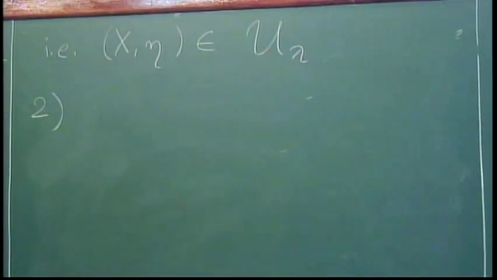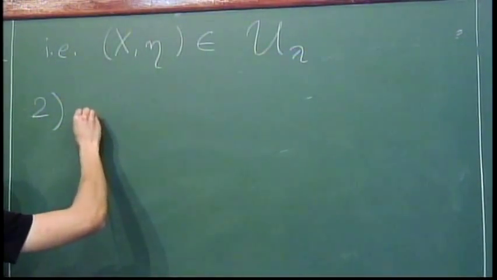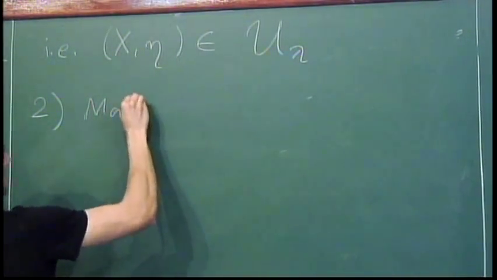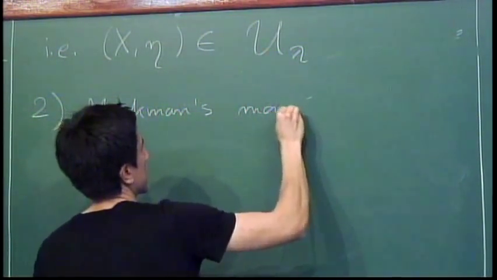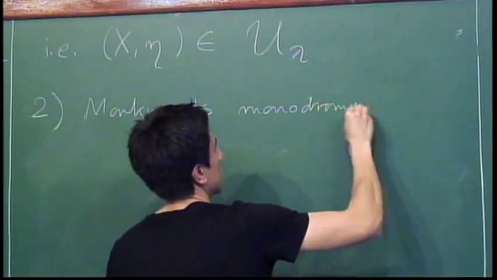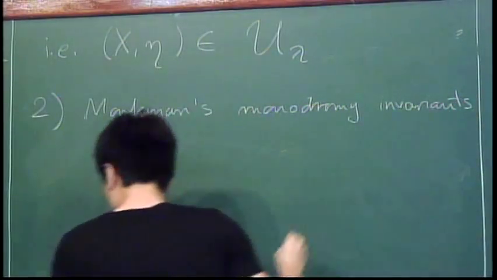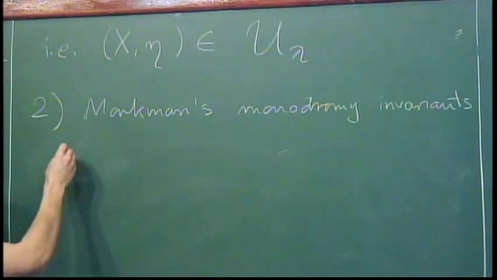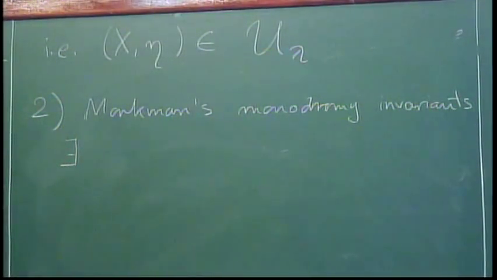So now the second step is to use Markman's monodromy invariance. This is just a technical tool to see when two pairs, or in our case two Lagrangian fibrations, lie in the same connected component of the moduli.